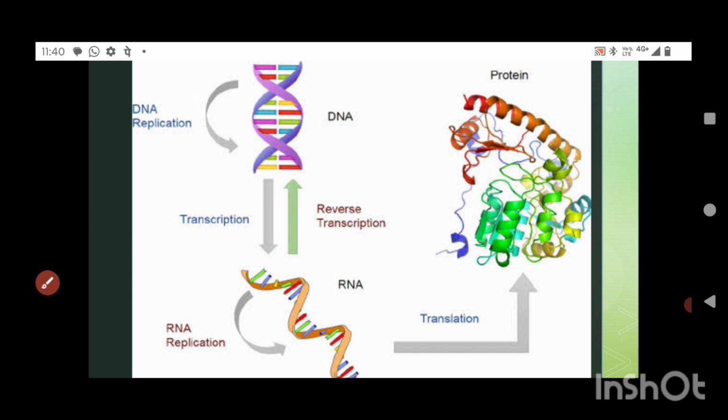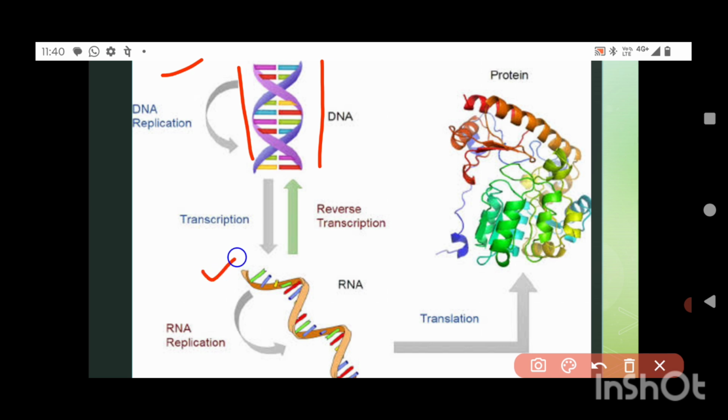Here, look at this picture. It is the double helical structure of the DNA molecule, and after replication it produces another strand of DNA, so it becomes a double helical structure, and after transcription it produces mRNA, or messenger RNA, and after translation it produces protein.